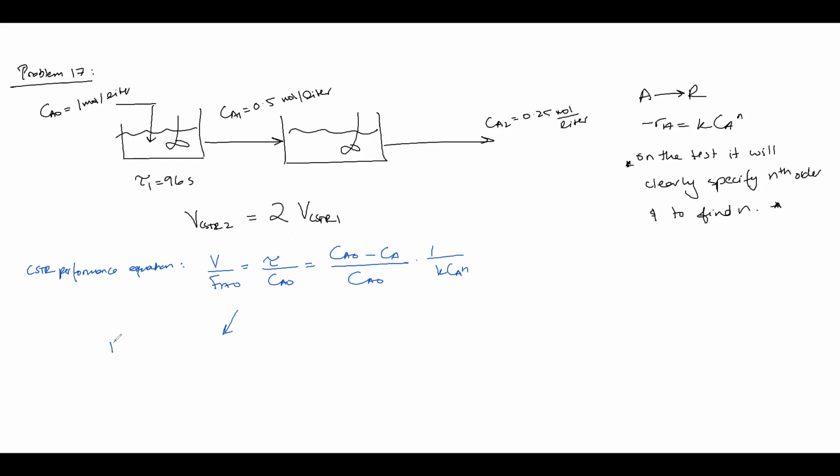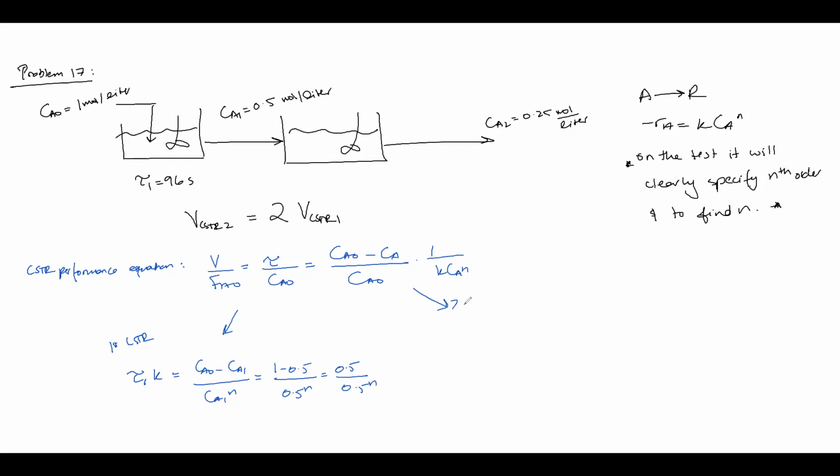So for the first CSTR, I'm going to call it tau 1 K. CA naught cancels with CA naught, so tau 1K is equal to CA naught minus CA1 divided by CA1 to the n, and CA naught is 1, CA1 is 0.5, 1 minus 0.5 divided by 0.5 to the n, and this will be 0.5 over 0.5 to the n.